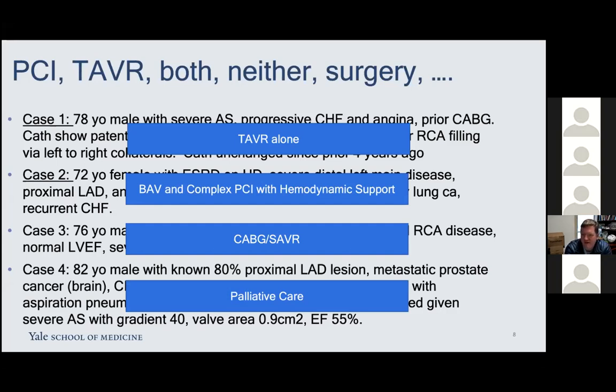And so this is really somebody who's struggling because of their other things and whom we had recommended palliative care. I think it's important to recognize that of all patients who have severe aortic stenosis, about 30 to 35% of them will probably have so many other comorbidities that they're not going to benefit from interventions to the aortic valve.